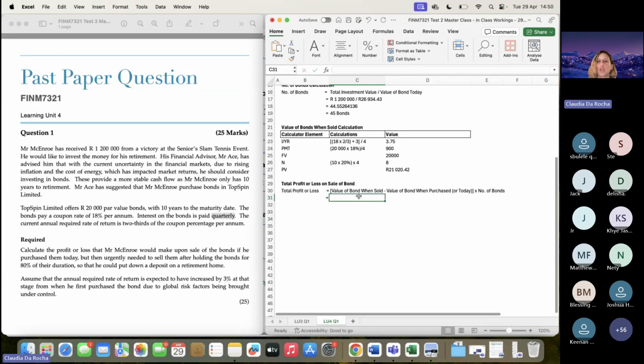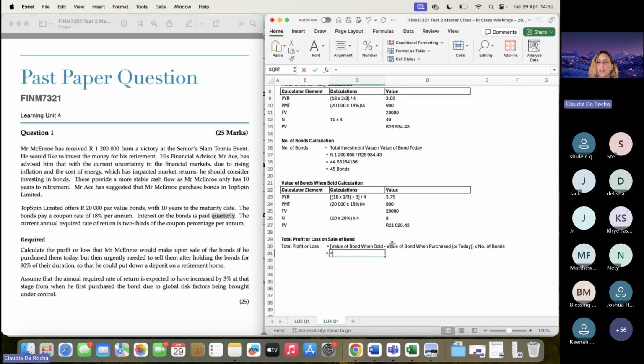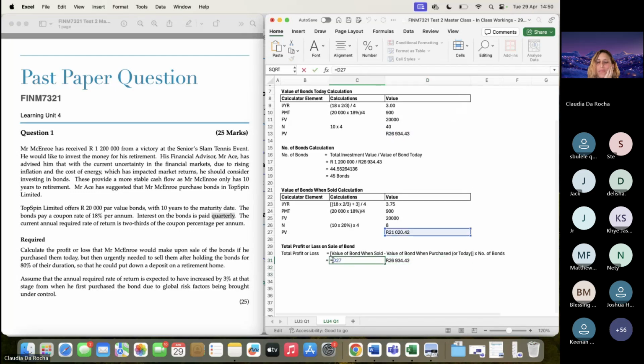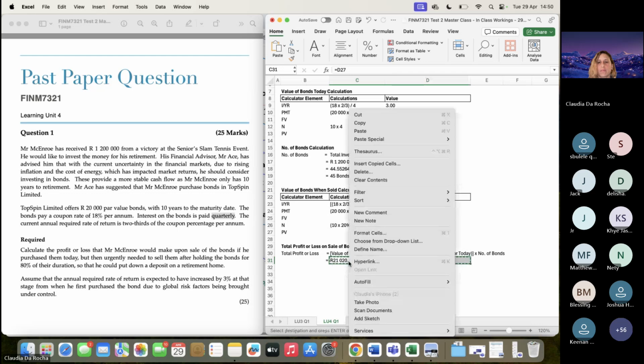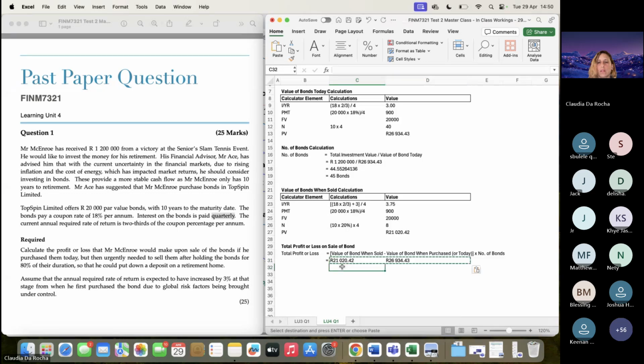So what was the value of my bond when I sold it? It was that. What was the value of my bond when I purchased it? It was the initial value. And then I'm multiplying it by the 45.